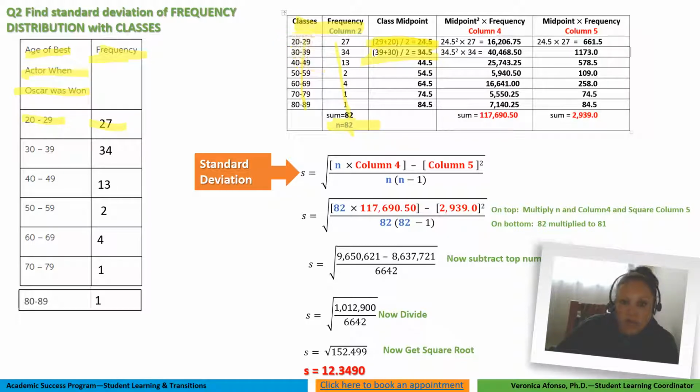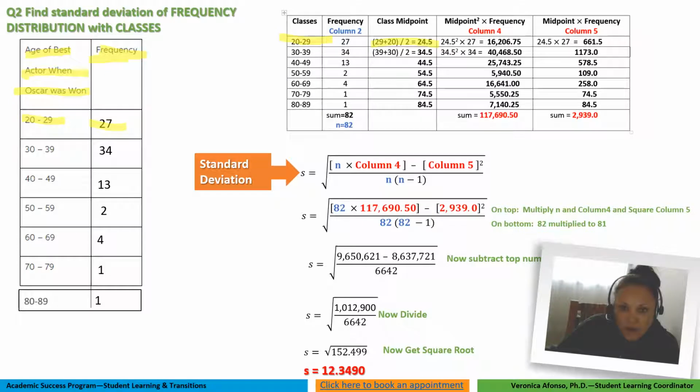I know sometimes people use their calculator wrong, and they get 34.5. That's not correct. It means you're not using your calculator correctly, because 24.5 is exactly in the middle of 20 and 29. That's what class midpoint means, right in the middle. 34.5 is not in the middle of these two numbers.